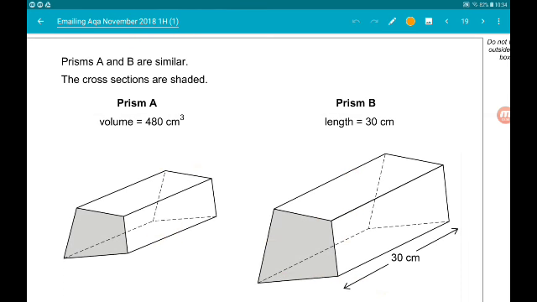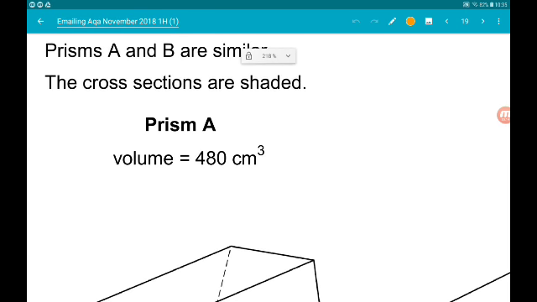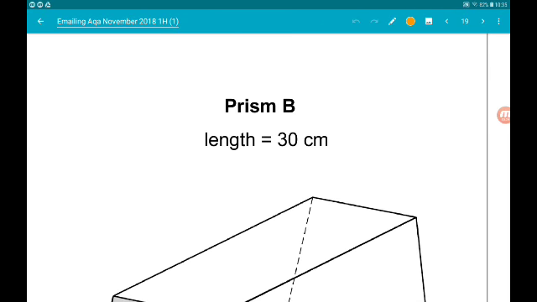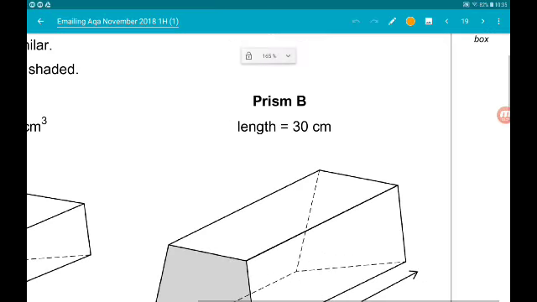Next up, we have similar solids. So prisms A and B are similar. The cross sections are shaded. For prism A, we are told the volume is 480 centimeters cubed, and for prism B, we are told the length is 30 centimeters.